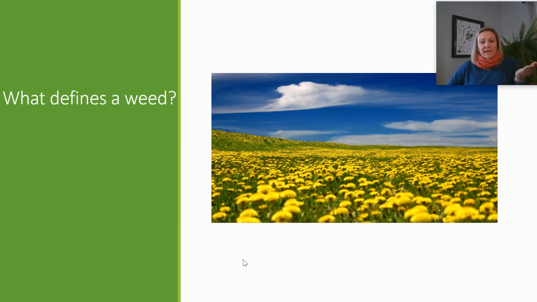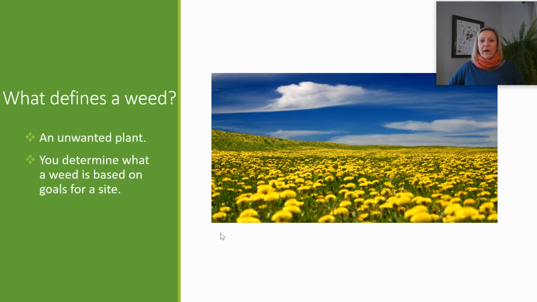So, what defines a weed? Why do some people call dandelions weeds? Well, a definition of a weed is any unwanted plant, and you get to determine what you think is a weed based on what you want growing somewhere.